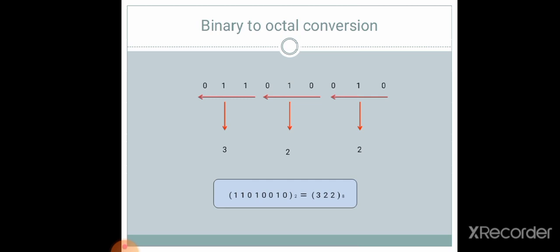So here, try to understand only the procedure of how to do the conversion from binary to octal. Just see the procedure, then I will explain how to put the decimal equivalent for each group. So first, understand the procedure carefully.